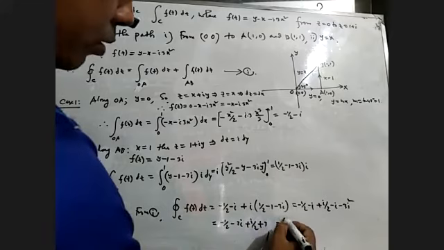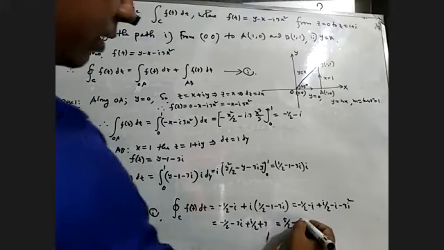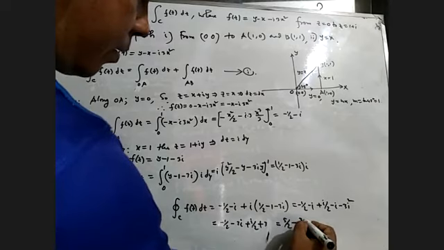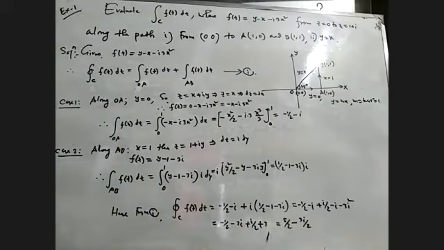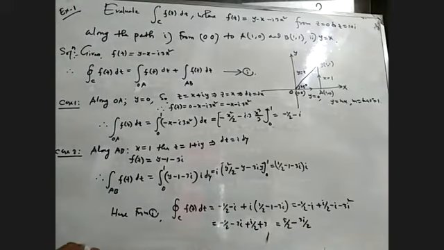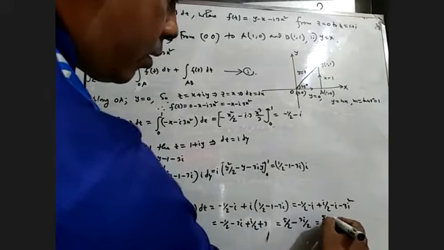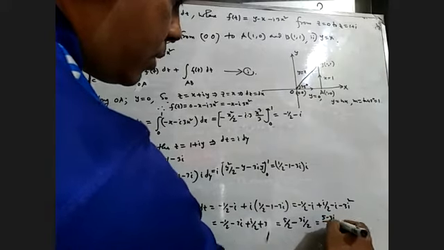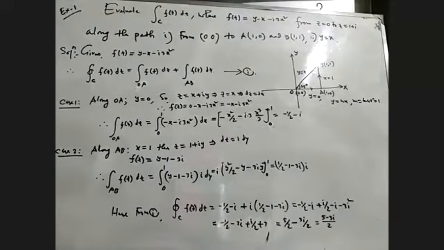So 5 by 2 here minus thrice i divided by 2. So we get 5 minus thrice i divided by 2. This is the result, total integral value.